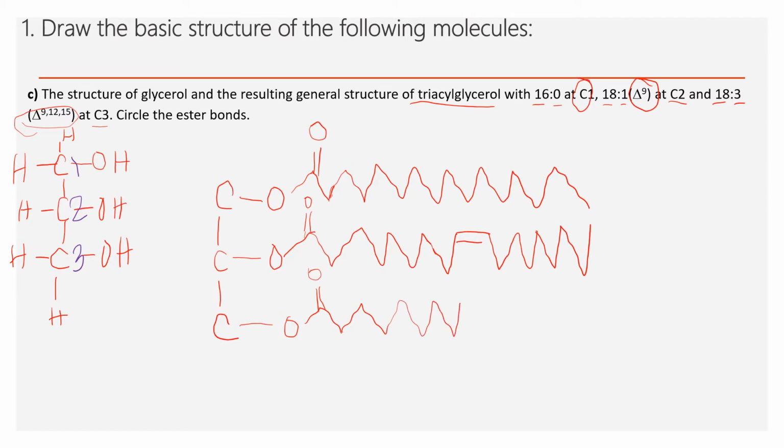That's where the first double bond occurs, at 9. Then 10, 11, 12, and that's where the next one occurs. Then 12, 13, 14, 15, and that's where the next one occurs. But it has a total of 18 carbons, so that was 15, 16, 17, 18.